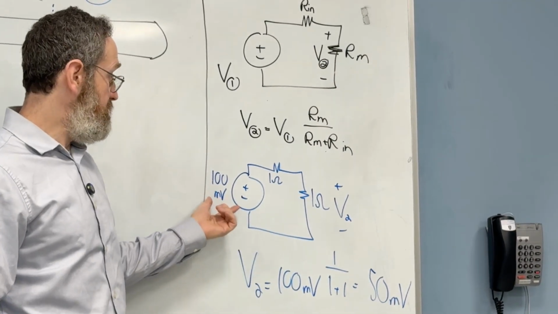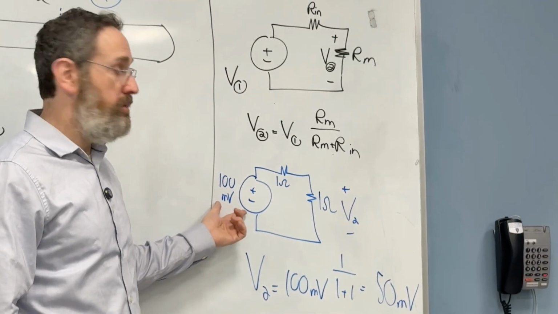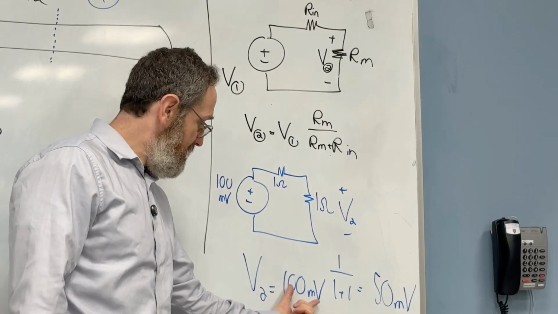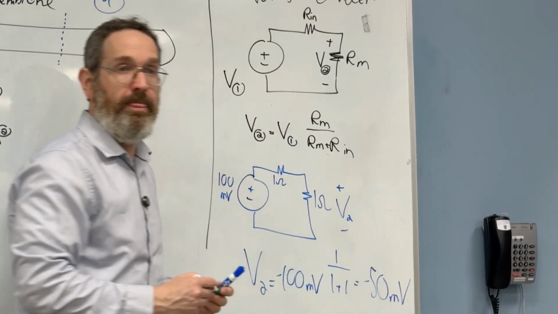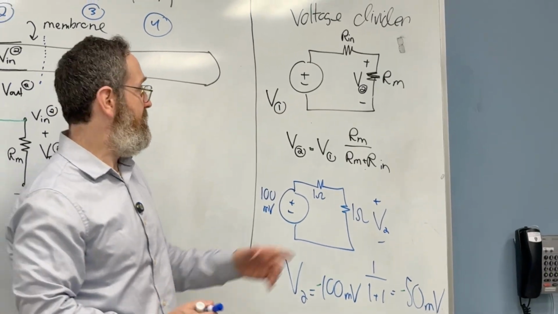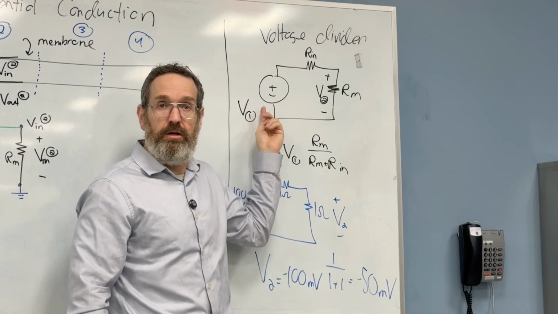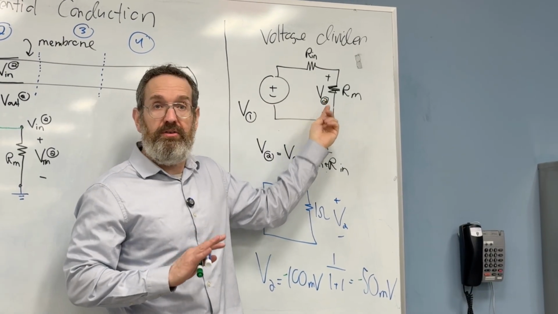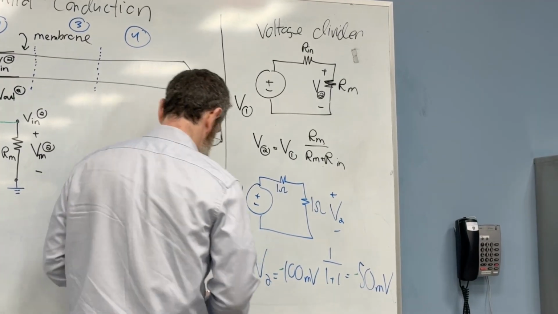Or if this voltage suddenly goes to negative 100 millivolts, then I'll have a negative 100 here, negative here. What I'm trying to show you is that this voltage is tracking this voltage with a little bit of a loss.